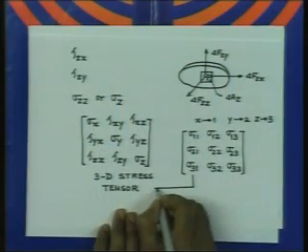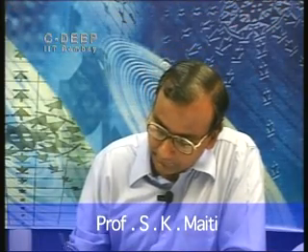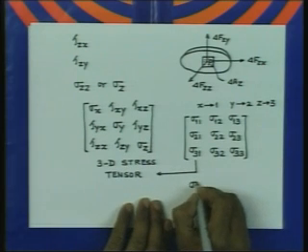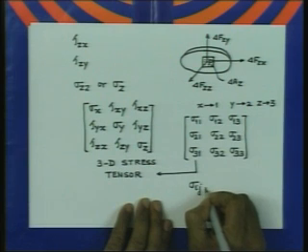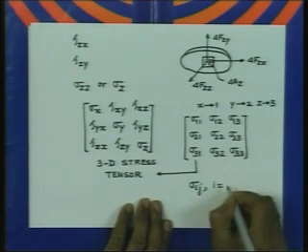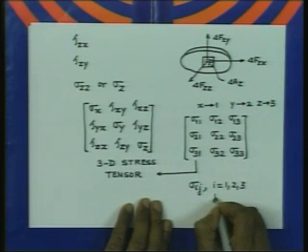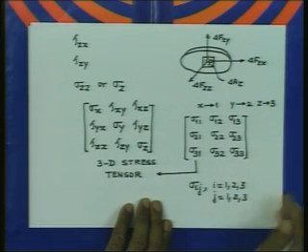So, this is also the way that the stress tensor in 3 dimensions is indicated. In fact, by using tensor notation we can indicate these stress components simply by sigma ij, with the implicit assumption that i takes the values 1, 2, 3, and so also j takes the values 1, 2, 3.